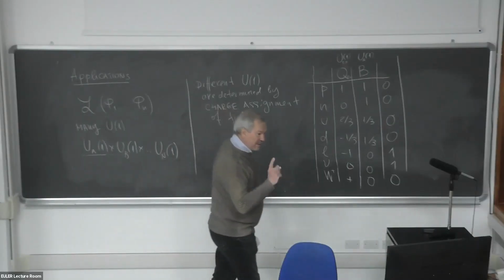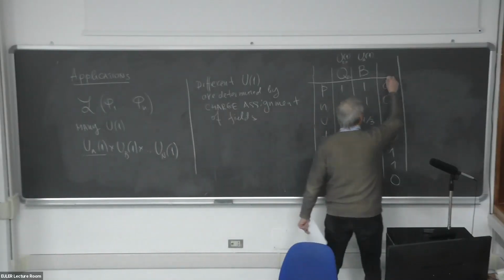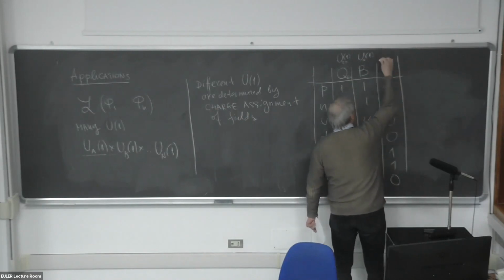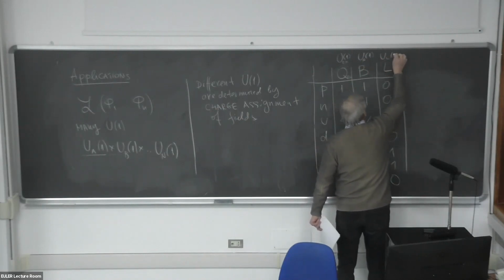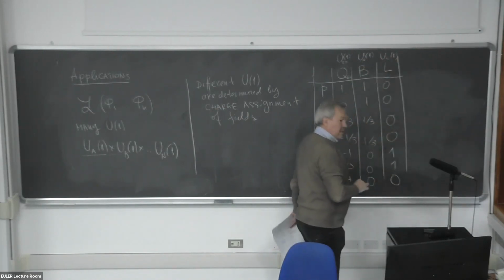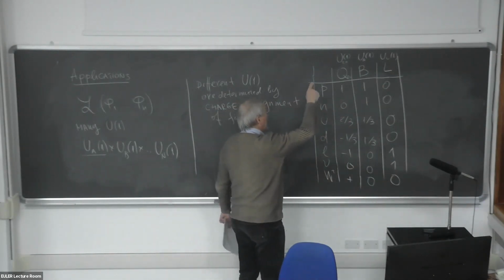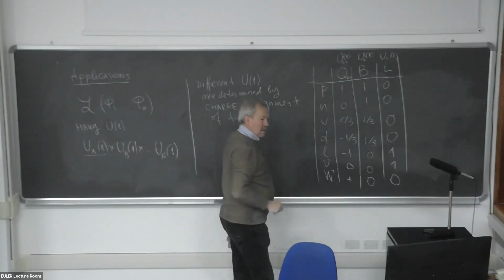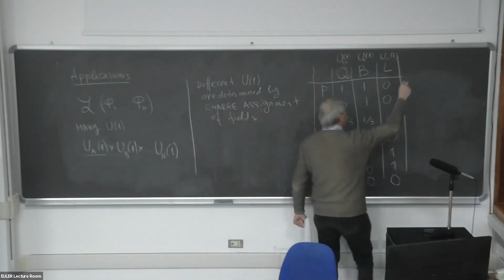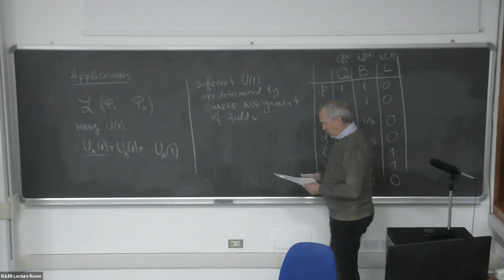Lepton number. Lepton number, right? So this is lepton number. And you see all these symmetries, this is U1L, can be simultaneous. So the theory is invariant under U1 cross U1B cross U1L. And we can even continue to introduce more U1 symmetries.